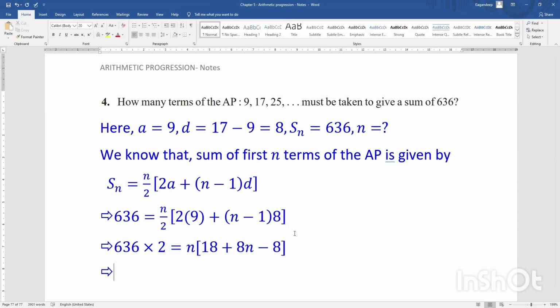The 636 into 2, let it be as it is. Don't make any changes; there are some changes that we are going to do in my next step.